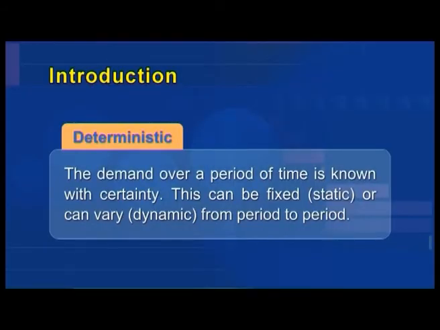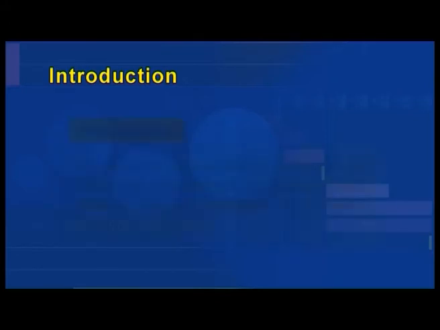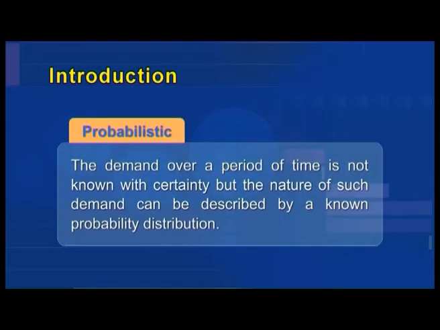In the deterministic case, the demand over a period of time is known with certainty. This can be fixed or static or can vary from period to period. But in the probabilistic case, the demand over a period of time is not known with certainty, but the nature of such demand can be described by a known probability distribution.